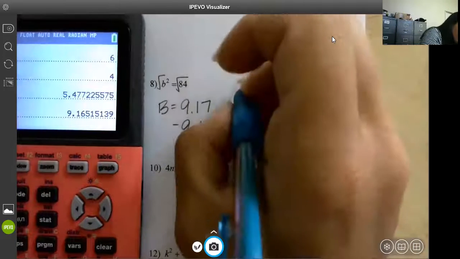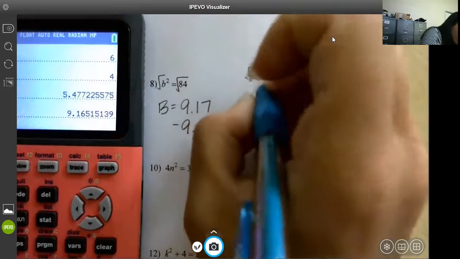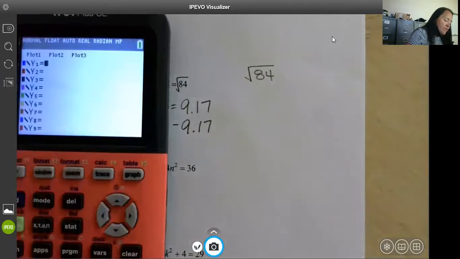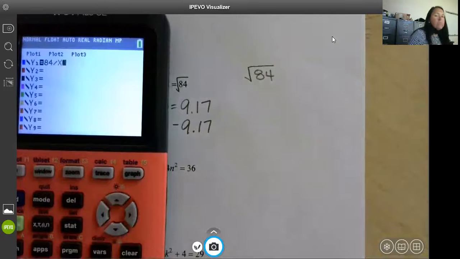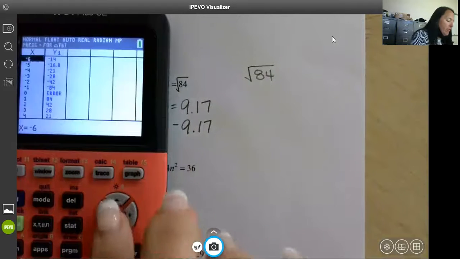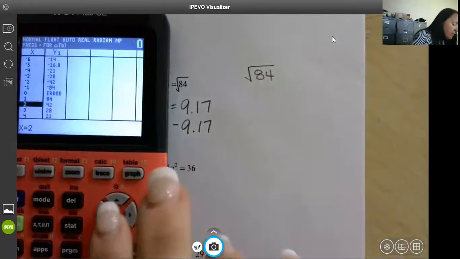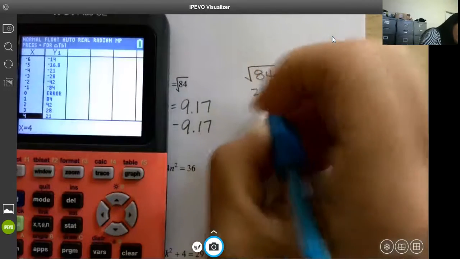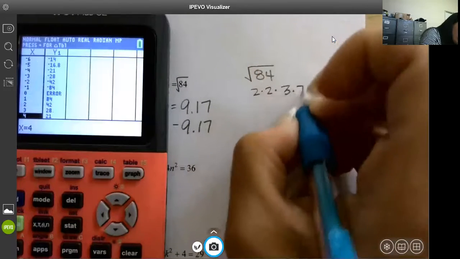Now, if they want it in square root form, we're going to do what we know by finding our factors of 84. I'm going to find some good ones. 4 and 21 is easy. 4 is 2 and 2. 21 is 3 and 7.